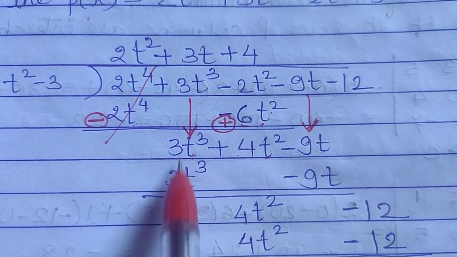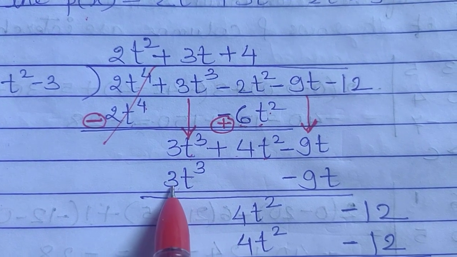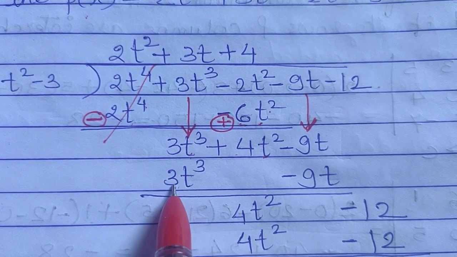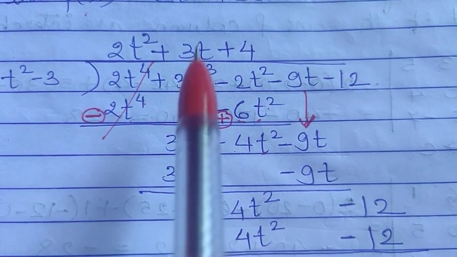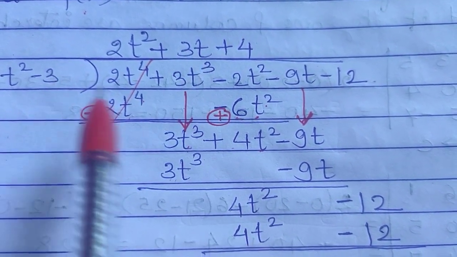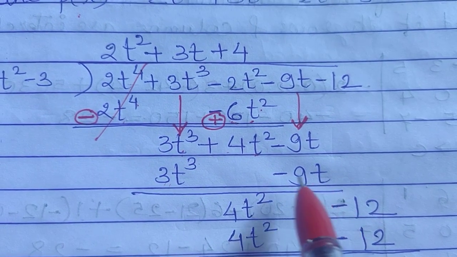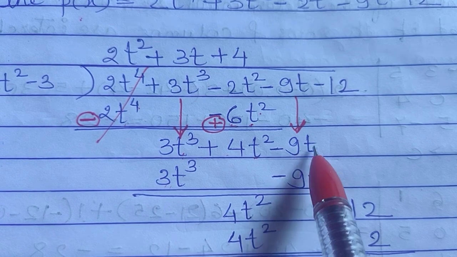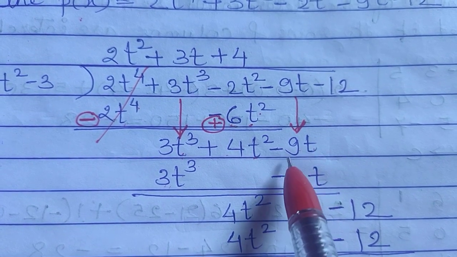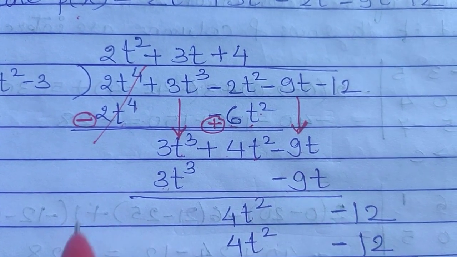So we should get the same term over here: 3t cube. And 3t into minus 3 will be minus 9t. So minus 9t, I will write here below this 9t. Okay, so minus 9t I have written here.